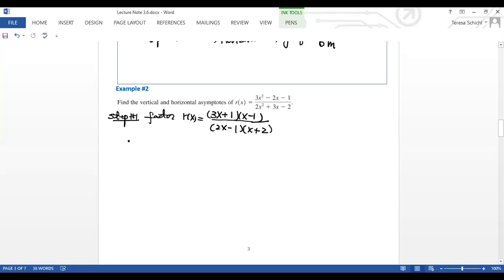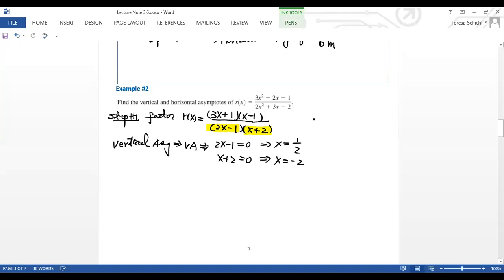So after you find it, let's take a look at the vertical asymptote, the VA. Remember the vertical asymptote is all the values that make the denominator equal to 0. That means 2x minus 1 equals 0, so x is equal to 1/2, and x plus 2 equals 0, so x is negative 2.